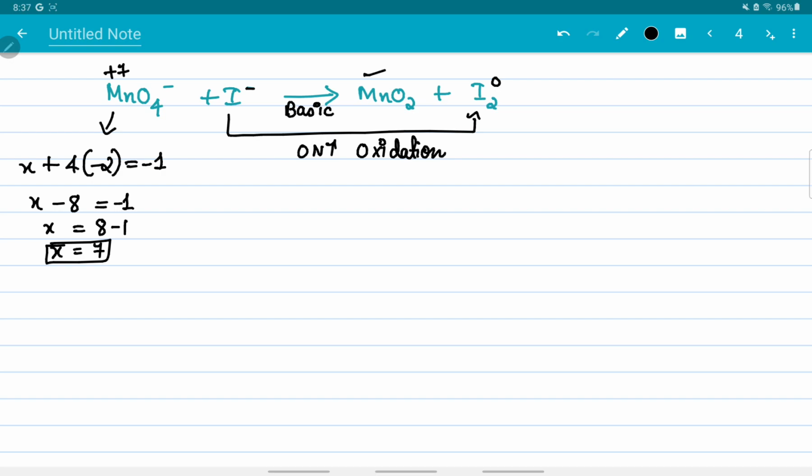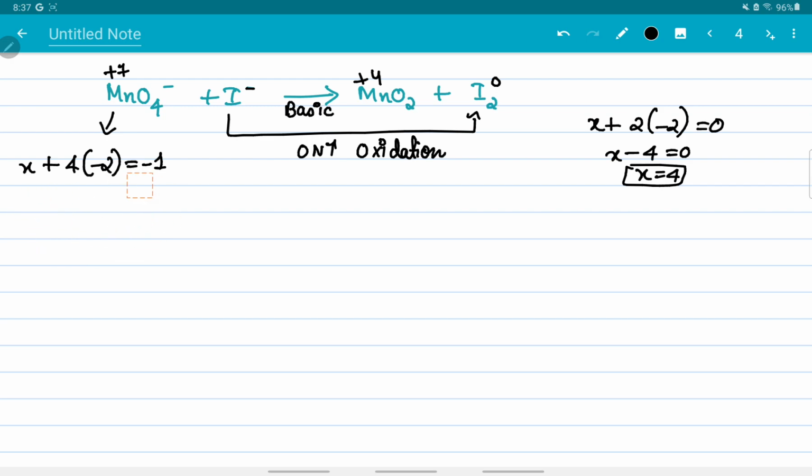Now if you check for this one, let's take Mn as X plus 2 times oxygen, which is minus 2, and it will be equal to 0, because there is no charge in this case over here. So this will become X minus 4 is equal to 0. That is, X is 4. So here the charge is plus 4.